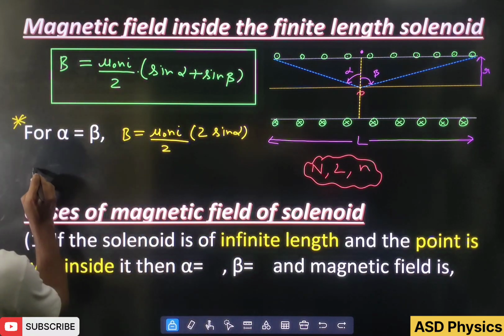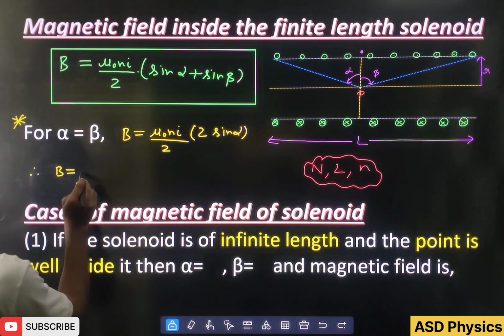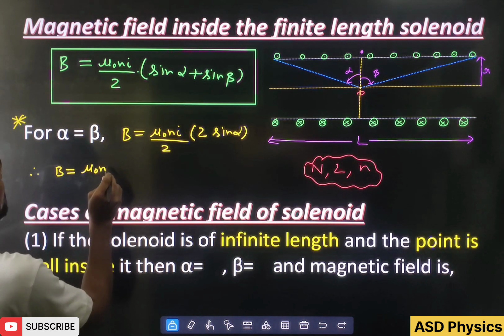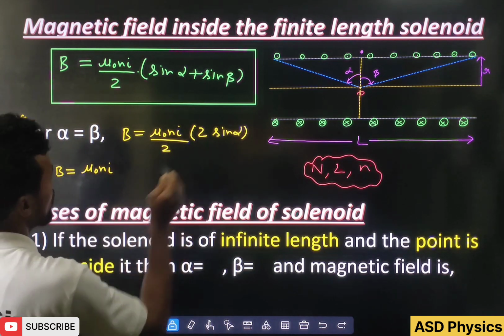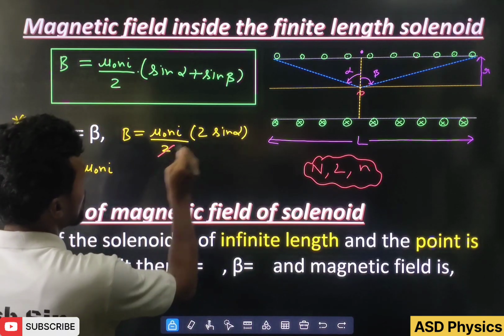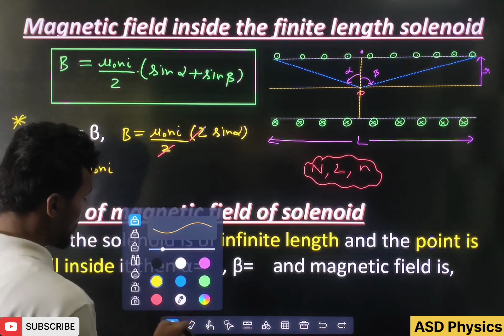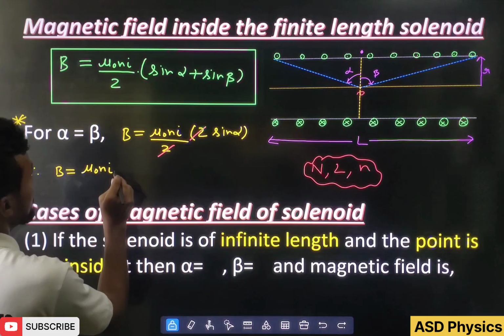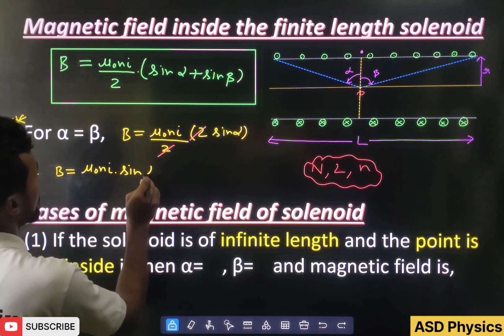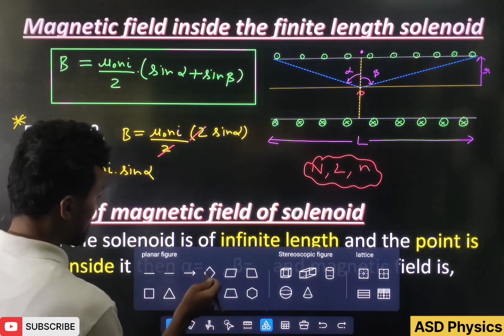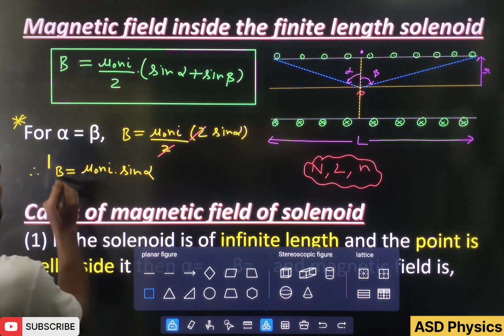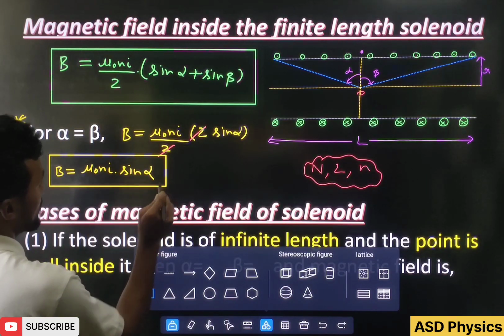Hence this B will become mu naught Ni, and the 2 and 2 cancel. So we can write mu naught Ni into sine alpha. Kindly remember this, this is the formula.